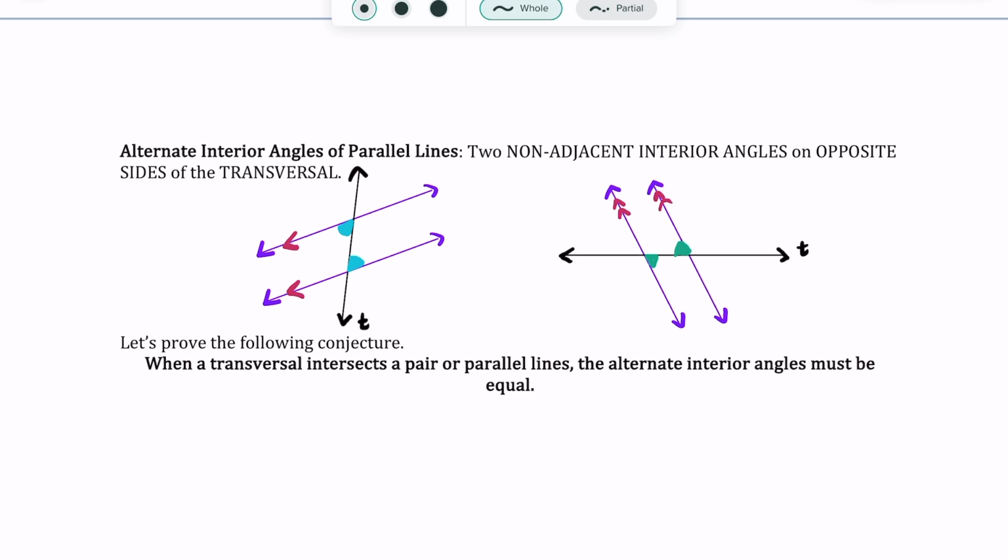Now, we are going to talk a lot about different relationships, and I get it that today is really content heavy with different names and just identifying different relationships of angles and where they're located and all of that stuff. But the important thing is understanding the diagram.